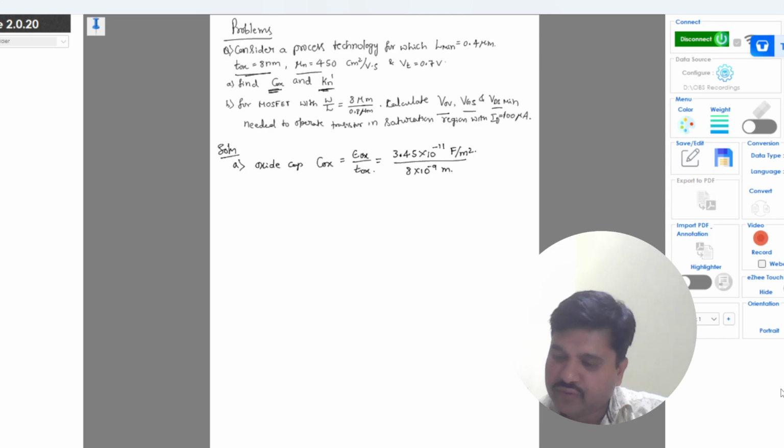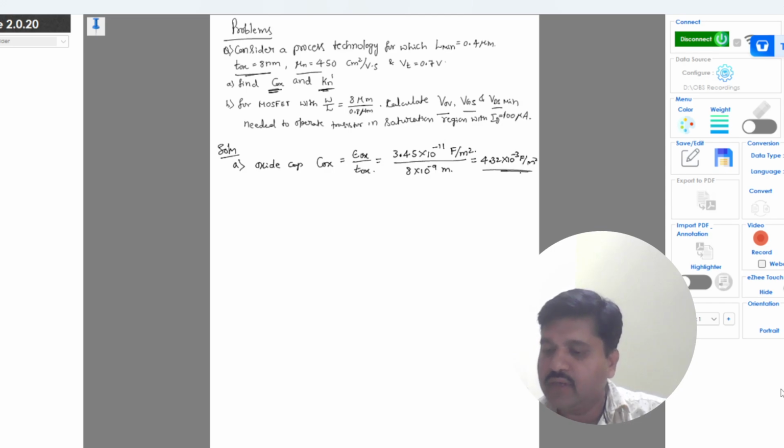Solving this you will get around 4.32 into 10 power minus 3 farad per meter square. So this is the oxide capacitance.